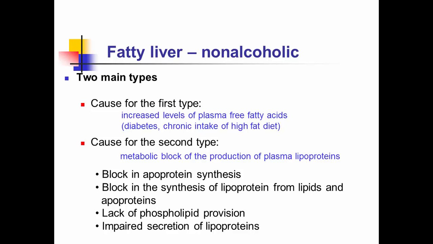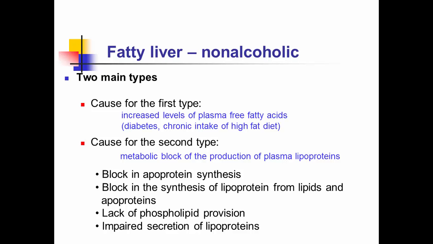The first type of fatty liver can be caused by increased levels of plasma free fatty acids, for example, diabetes, which I mentioned before, or chronic intake of a high-fat diet. If you always eat a high-fat diet for many years, then you will probably develop fatty liver disease, right?